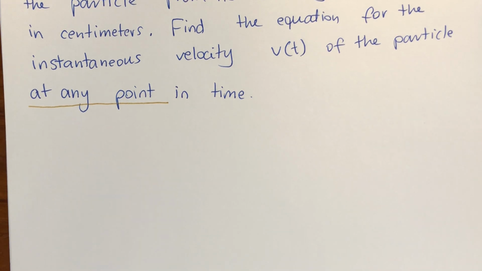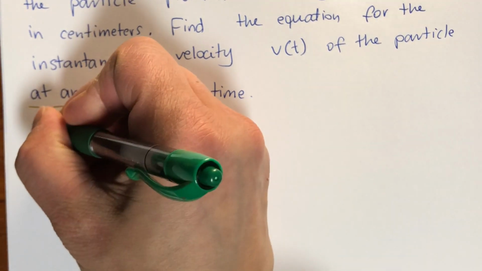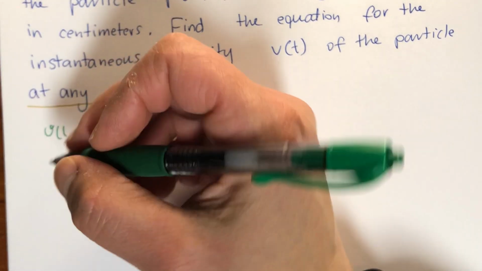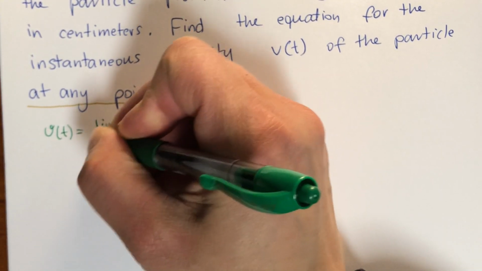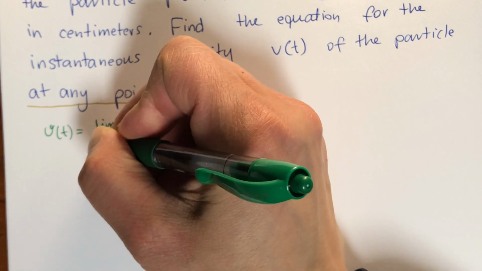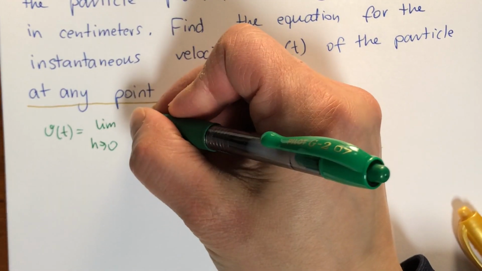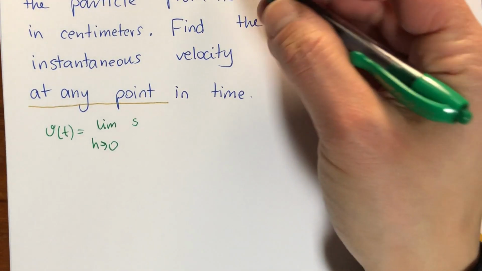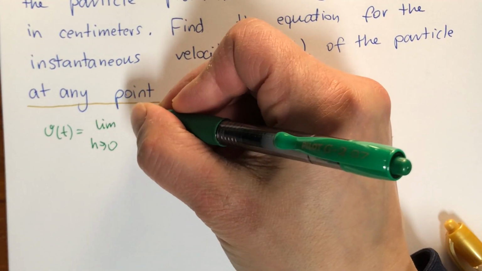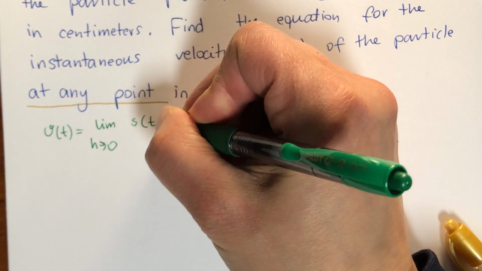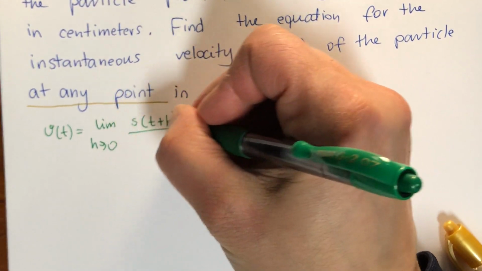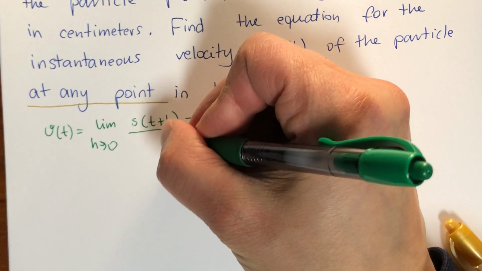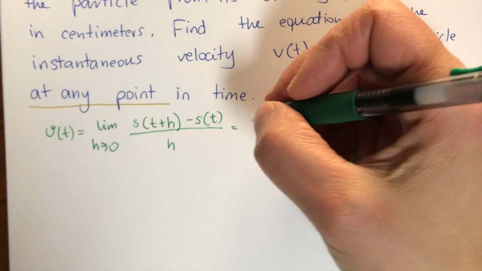Okay, so again, let's start with the formula. V of t is equal to the limit as h approaches 0 of, well, this was s of t, so I am going to say s of t plus h minus s of t, divided by h. And let's plug this in.